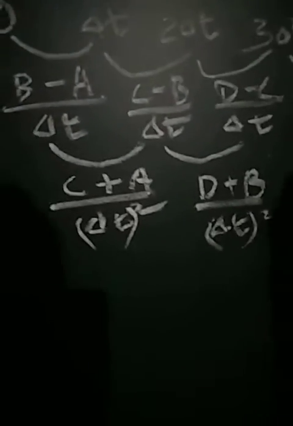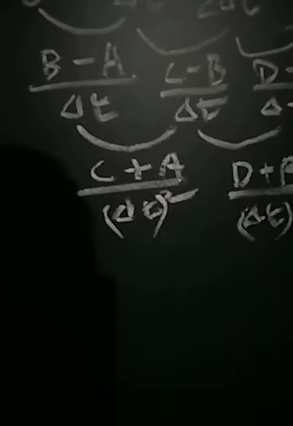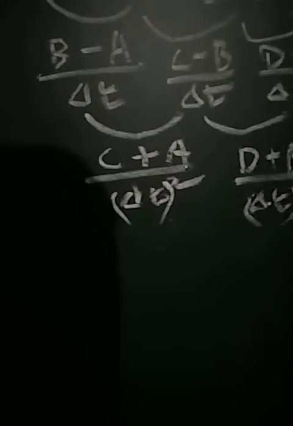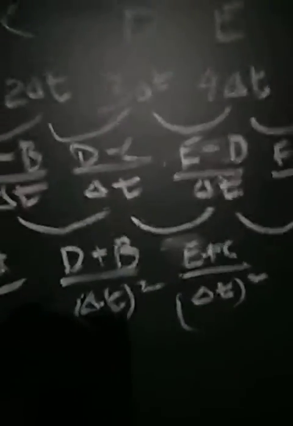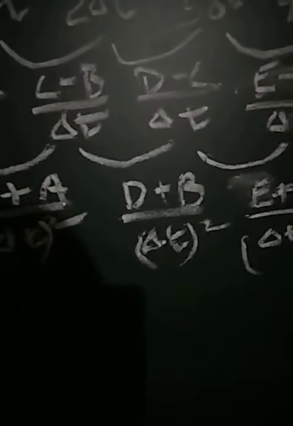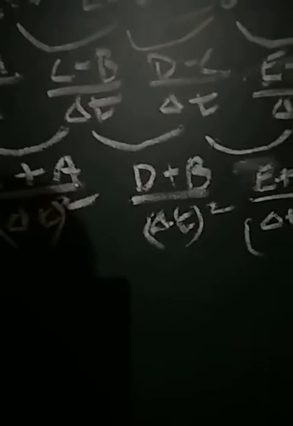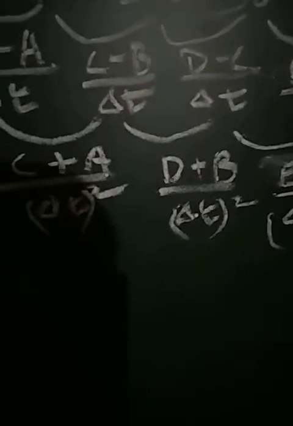Between these two intervals, it will be D, sorry, it will be E minus 2D plus C by del t square, and last it will be F minus 2E plus D by del t square.